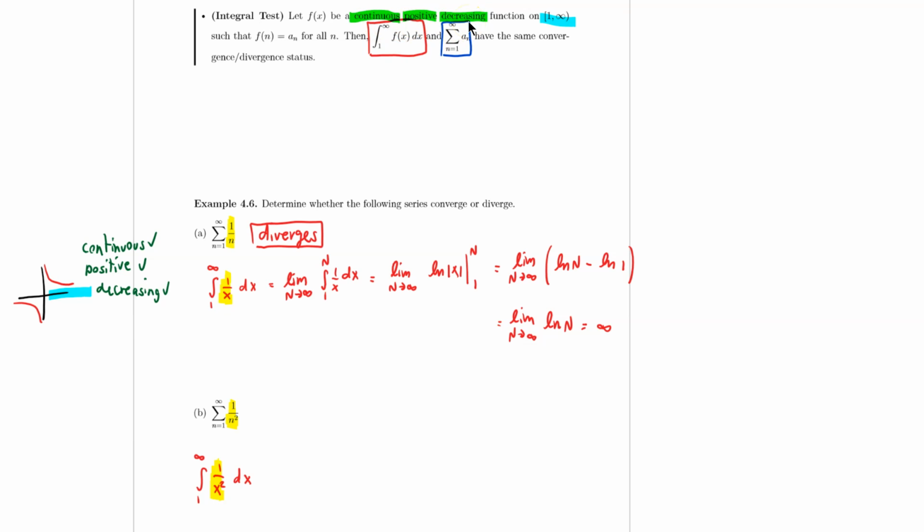If we take a look at the graph of 1 over x squared, it's going to look somewhat like this. Once again, on the interval from 1 to infinity, which is about here, this is going to be continuous.